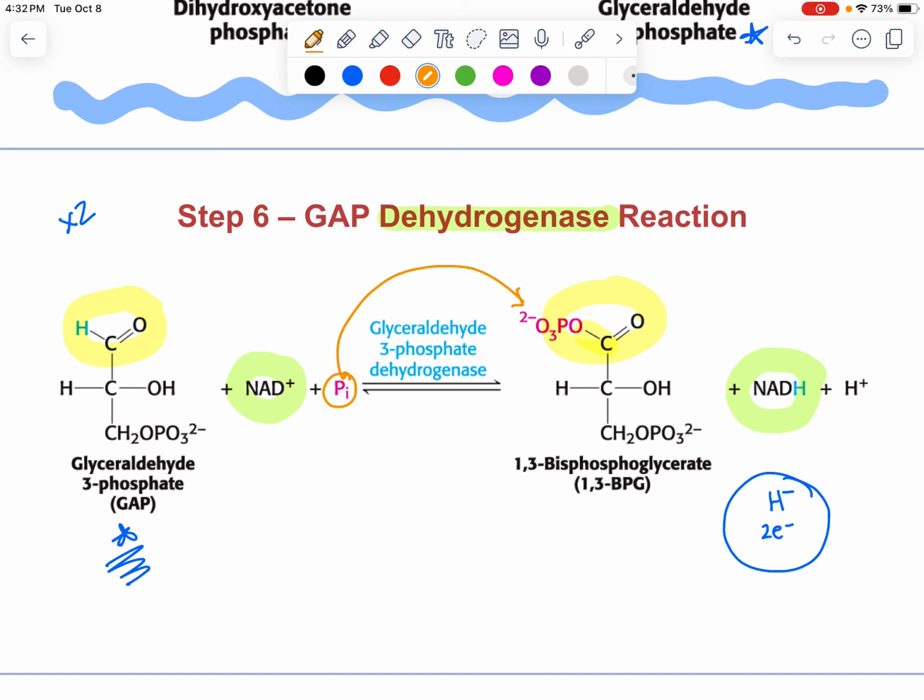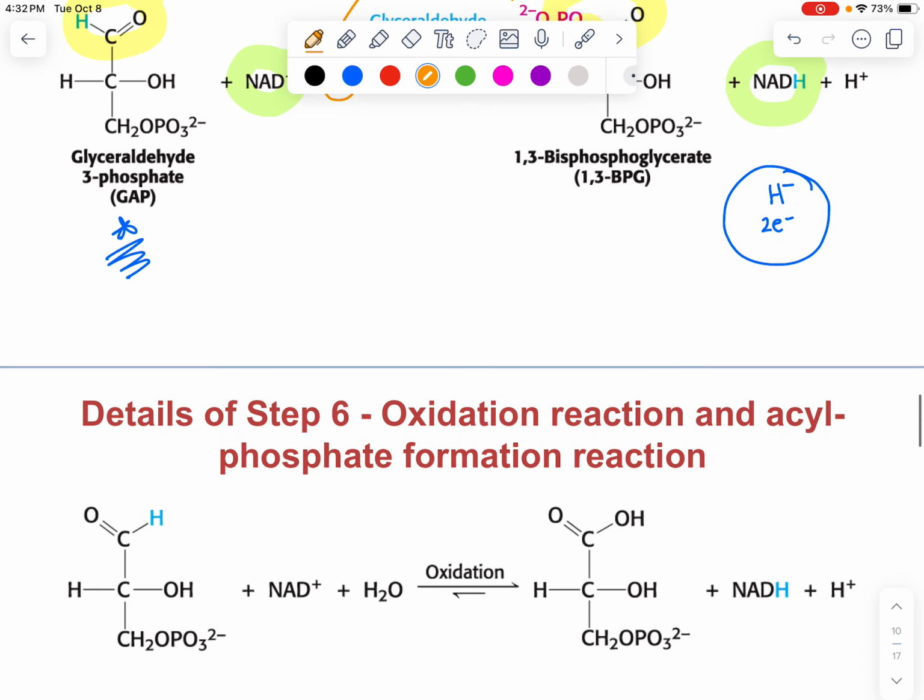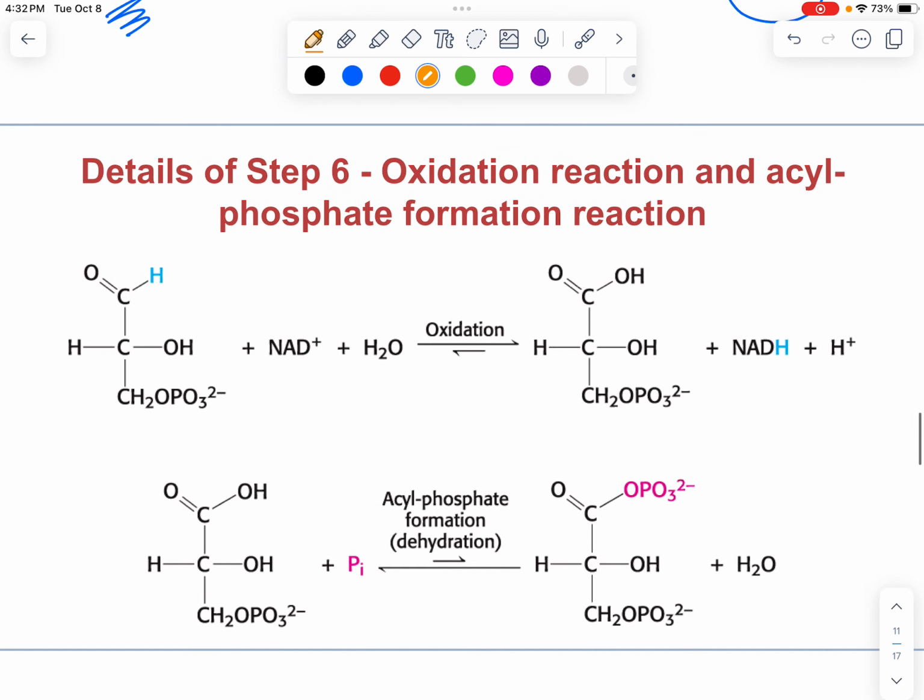Now the next slide is this same reaction, but let's think of it in 2 steps. Okay, so in the top part, we oxidize that carbon. Okay, that oxidation process gives off energy.